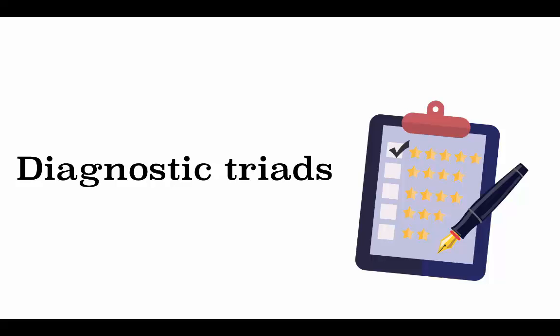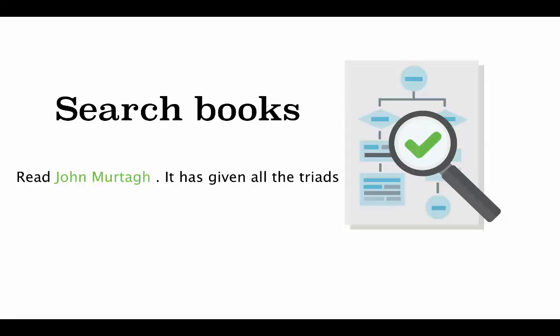And you probably would have read about different triads like Charcot's triad. When you have cholangitis, you get right upper quadrant pain and fever and all those things. When you actually read these things, what I used to do is search all the books. Especially there's a book called John Murtha. It's a very good book. It actually gives all the triads at the end of the book.